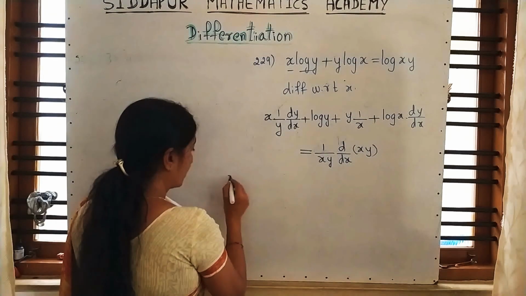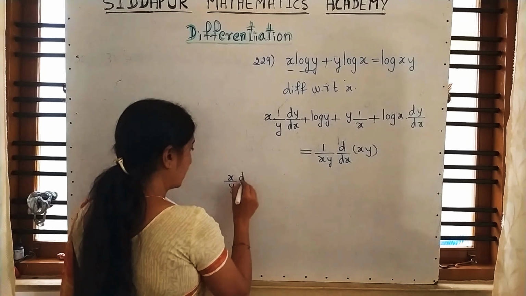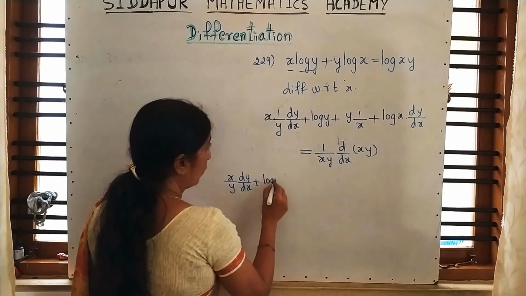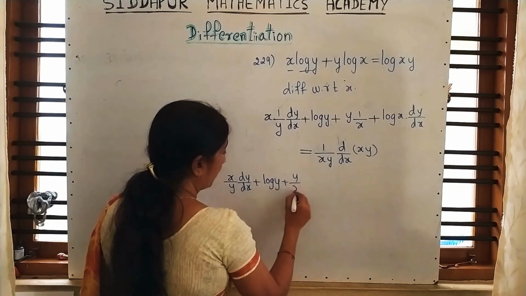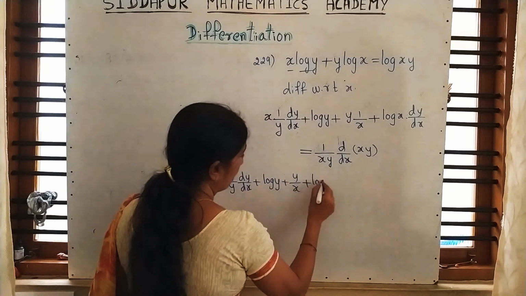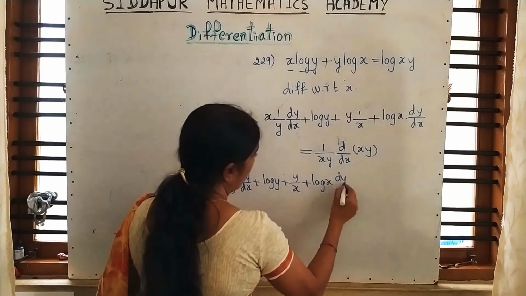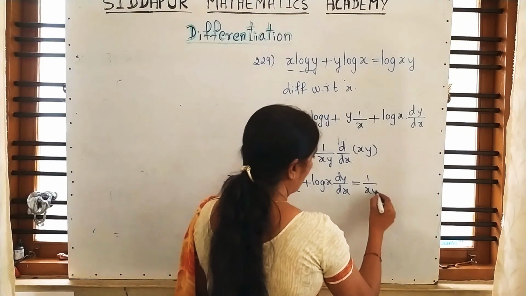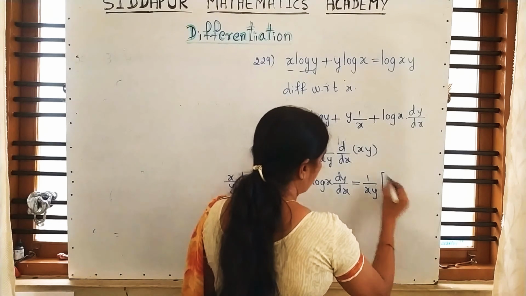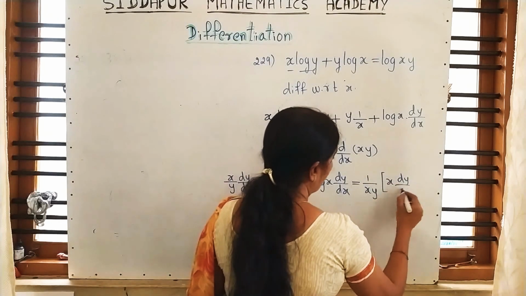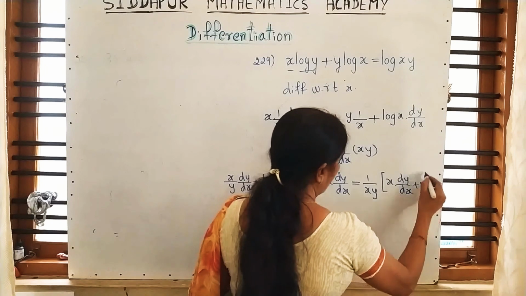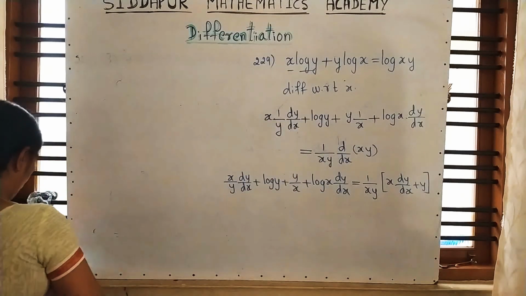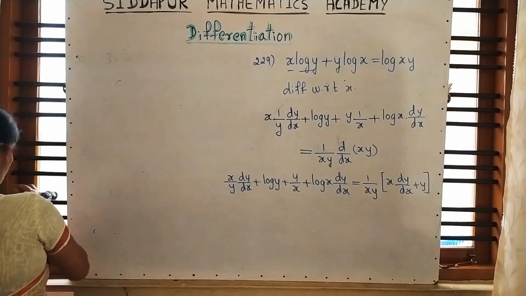Here x upon y dy upon dx plus log y plus y by x plus log x into dy upon dx is equal to 1 upon xy, x into u into v, dy upon dx plus y into 1, because differentiation of x with respect to x is 1.